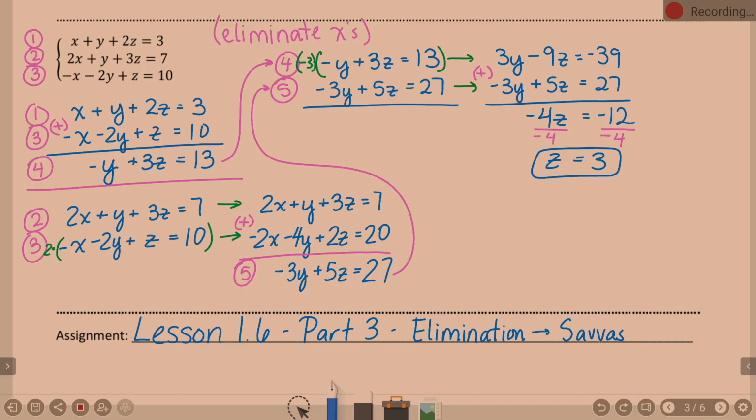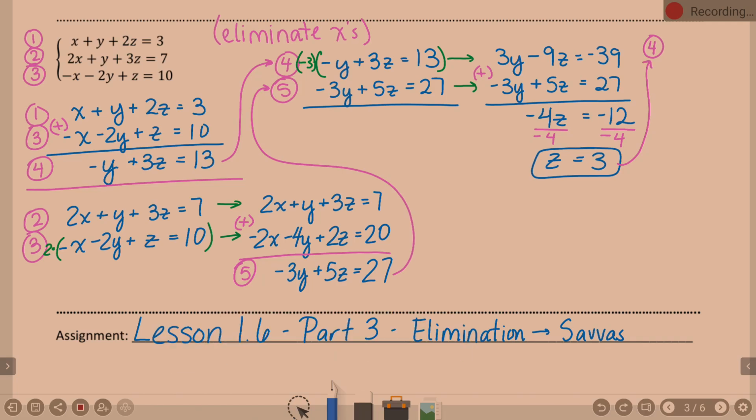So 4 or 5. I don't know, do you guys have a preference? Let's see. I would probably pick 4 if I'm picking. If you prefer 5, then that's fine.